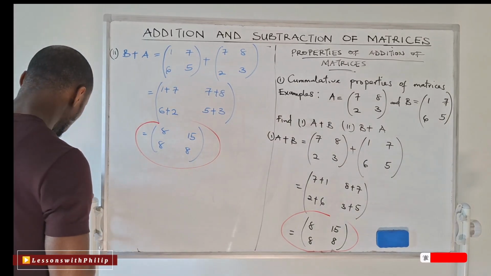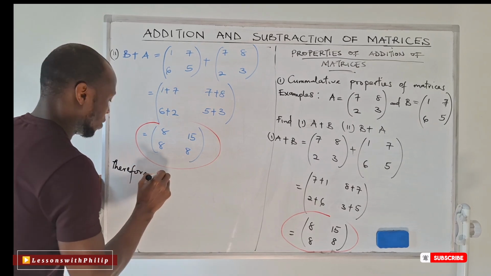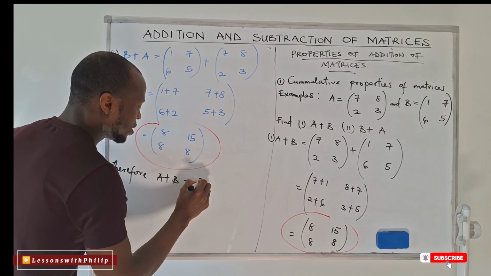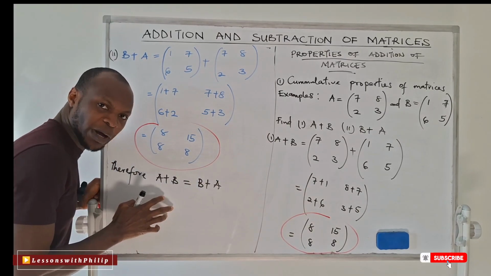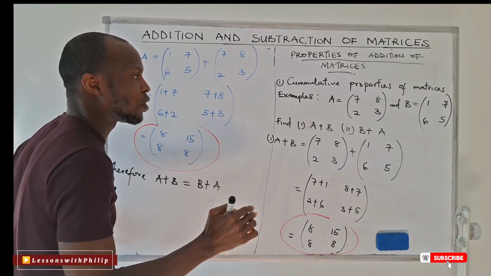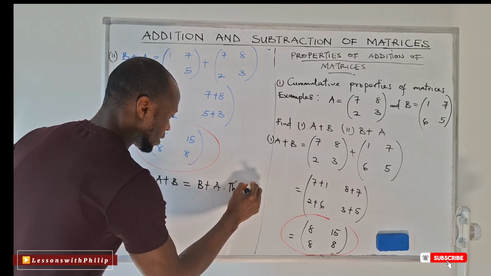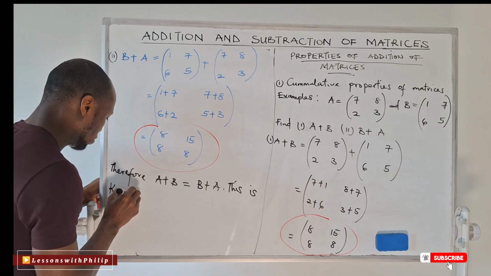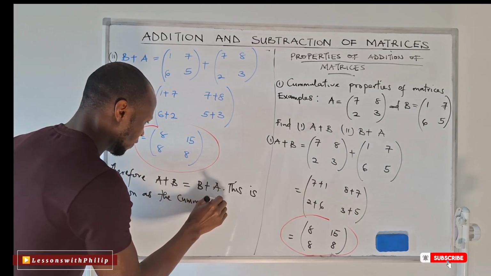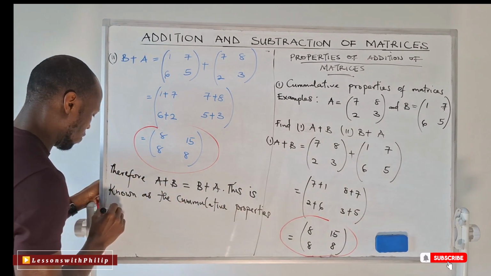Therefore, matrix A plus matrix B equals matrix B plus matrix A. This property, of these two additions being equal, is what we call the commutative property of matrices.